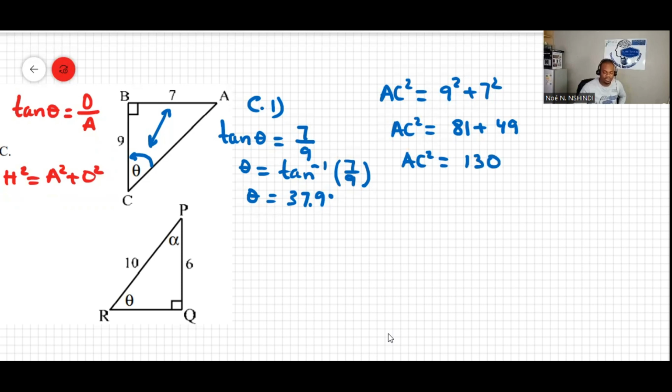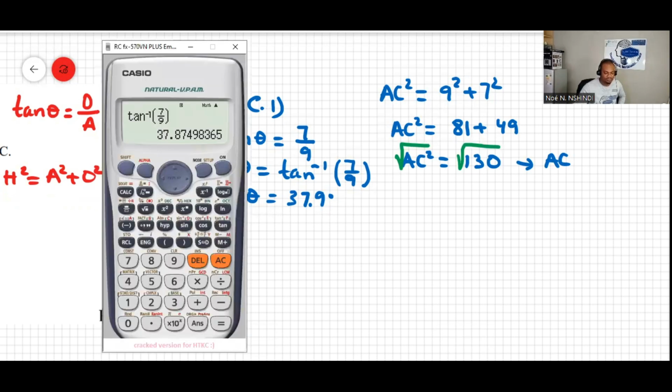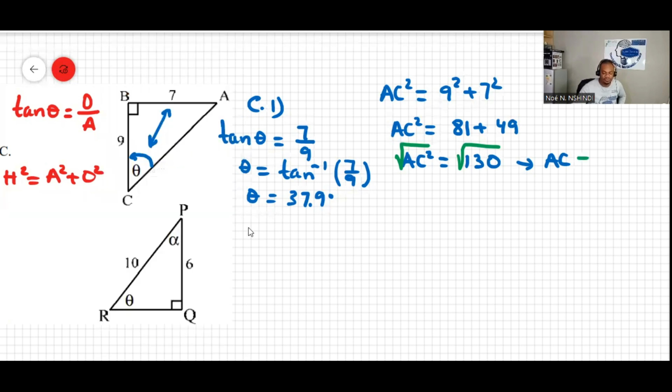Now we can calculate AC, which is possible if we square root both sides. We can square root here, square root there, and then we can use a calculator: 81 plus 49, and then square root of 130 is equal to 11.4. So AC will be equal to 11.4.